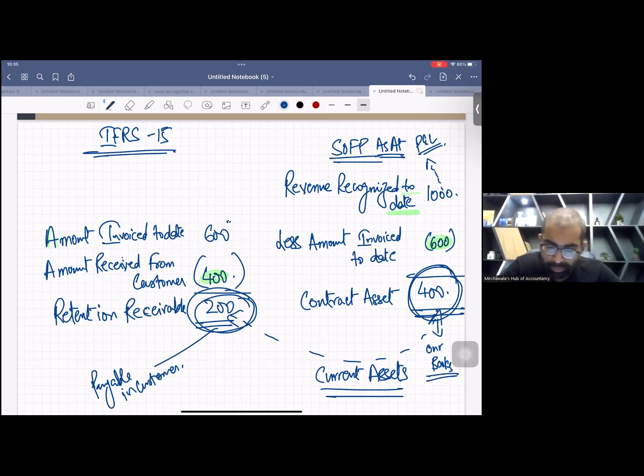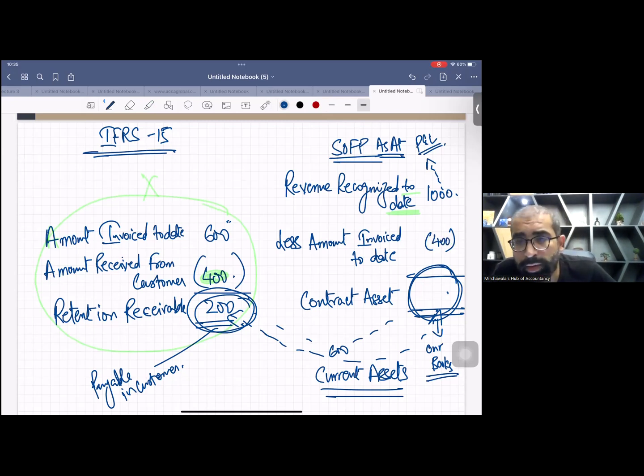But sometimes what people do, listen, forget this. You know the total answer is 600. 400 plus 200, the total answer is 600. There is a shortcut. What people do, they simply write the amount received here. The amount received is 400.